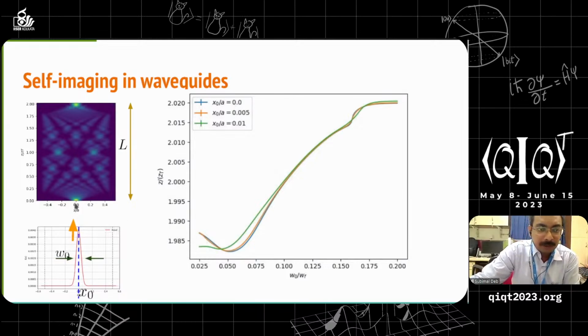So in this particular case, I injected the Gaussian beam right at the center and then found out the self-imaging distance. When it is injected right at the center, x0 is 0, I get a variation of the self-imaging distance which is not very high.